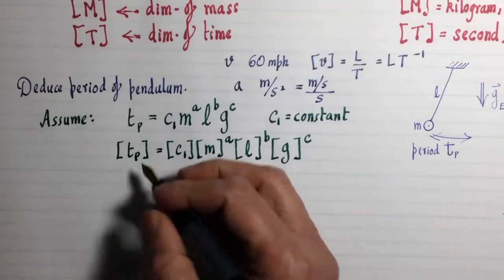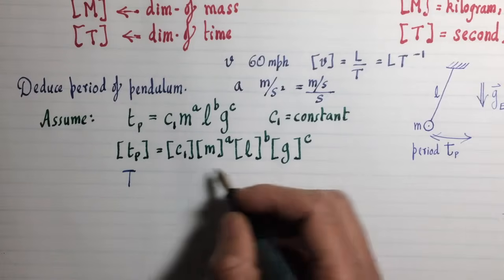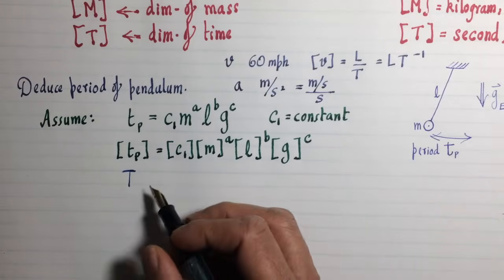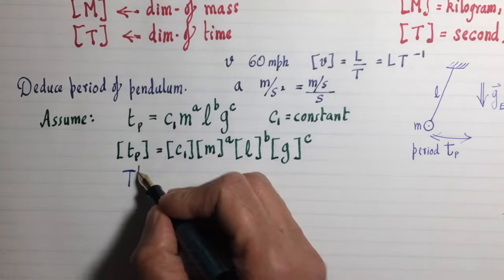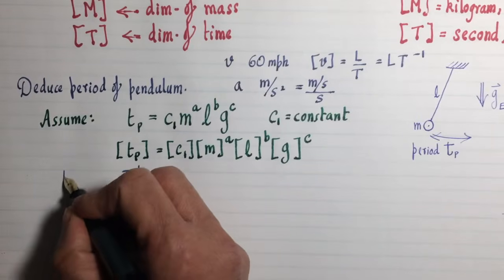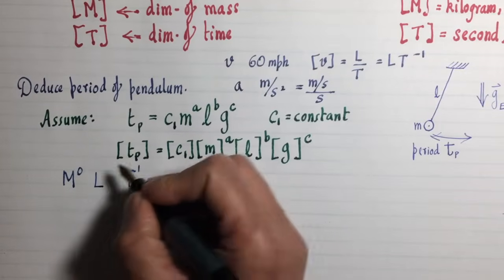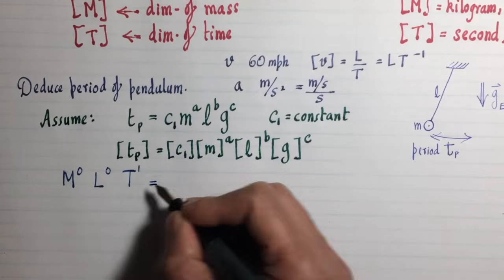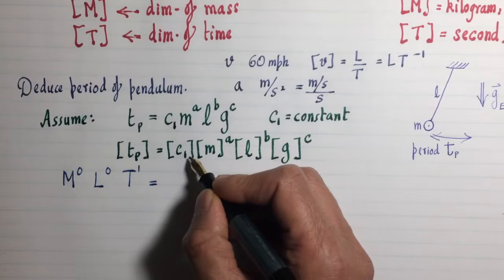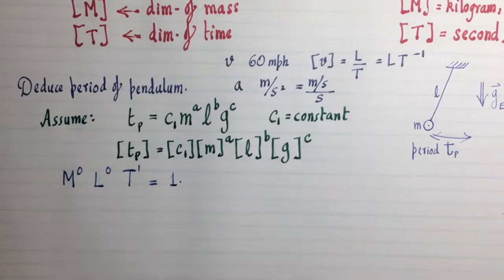On the left side, the dimensions of T are just T, time. Now, just because we're going to compare very soon, I'm also going to write T to the power 1 here. I have no mass on the left side, so I'm going to write M to the power 0. And I have no length on the left side, so I'm going to write L to the power 0 also. On the right side, the units of a constant, well, constant has no units, so I'll just put the number 1 there.